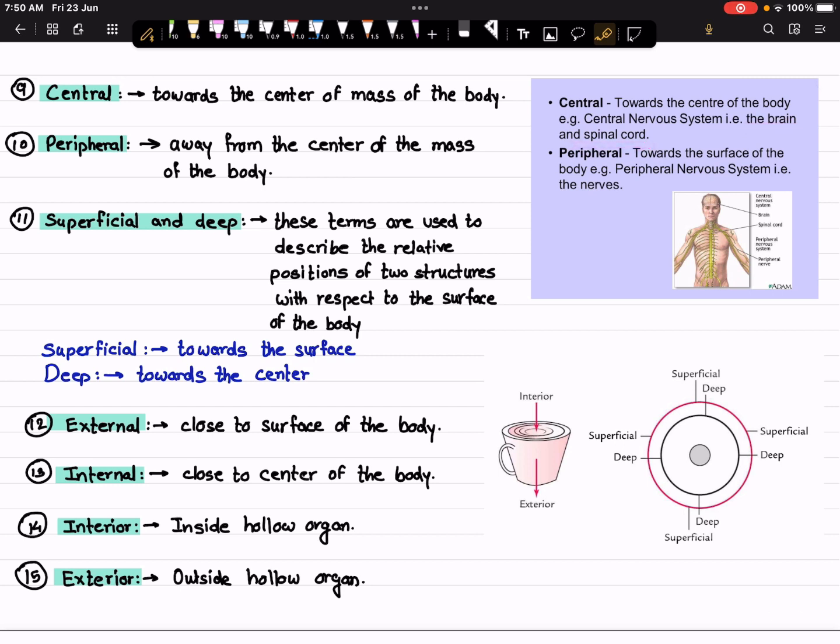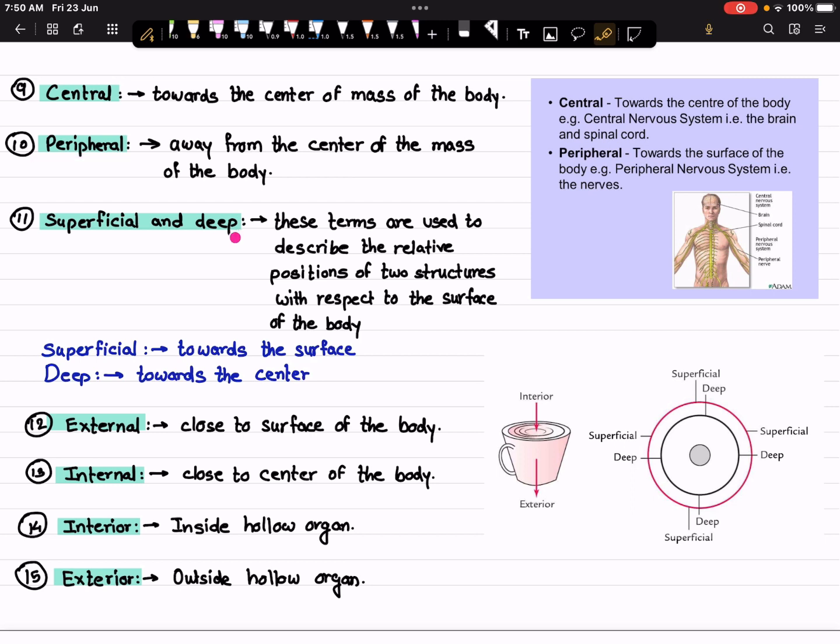And when it comes to periphery, it is towards the surface of the body, right? That is the peripheral nervous system. That is the nerves. We say that brain and the spinal cord are in the center, and from the spinal cord arise the different kinds of nerves which are going towards the periphery. So they are going away from the center of the mass, hence the term peripheral.